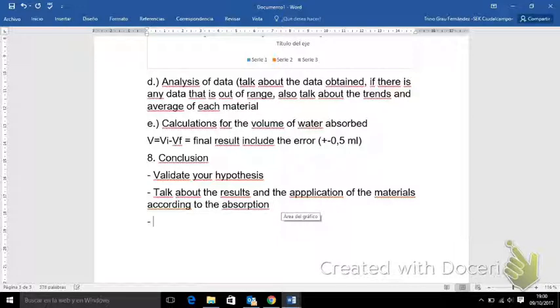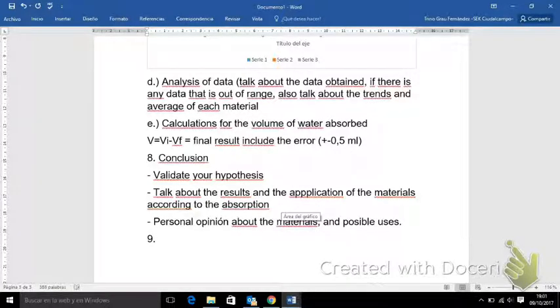And also you can include a personal opinion about the materials, and possible uses. That will be the conclusion.